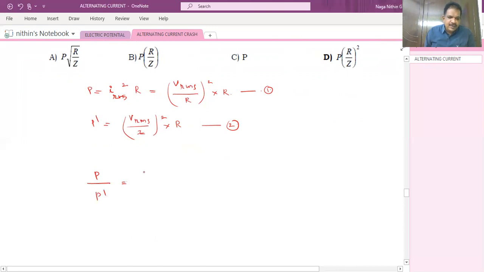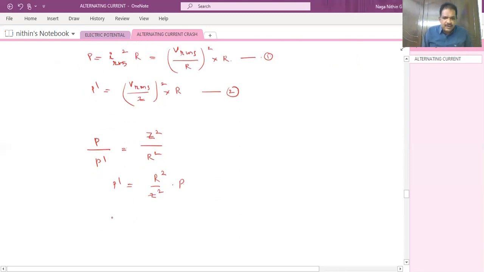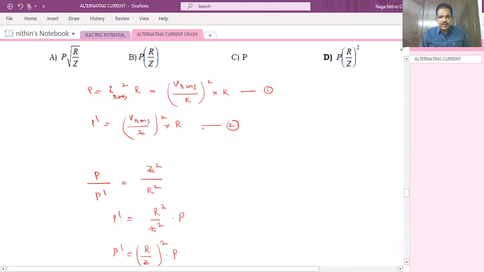This VRMS will cancel, R and R will cancel. This value will be Z square by R square. Then P dash is equal to R square by Z square into P. Or P dash is equal to (R by Z) whole square into P. So this is the answer for it.